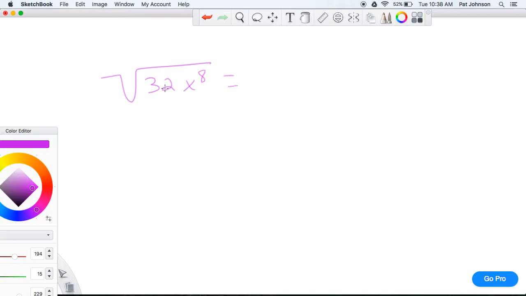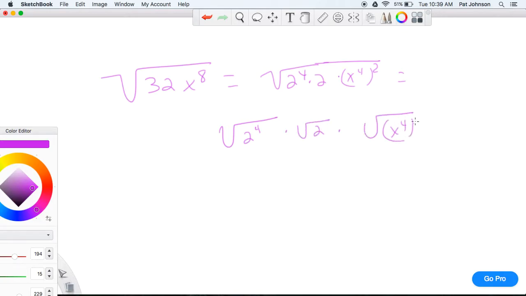Sometimes, so we know that 32 is the same thing as 2 to the 4th times 2, times x to the 4th raised to the square power. Okay, so let's look at this. We can rewrite this to say the square root of 2 to the 4th power times the square root of 2 times the square root of x to the 4th raised to the 2nd power, if we wanted to do it that way.